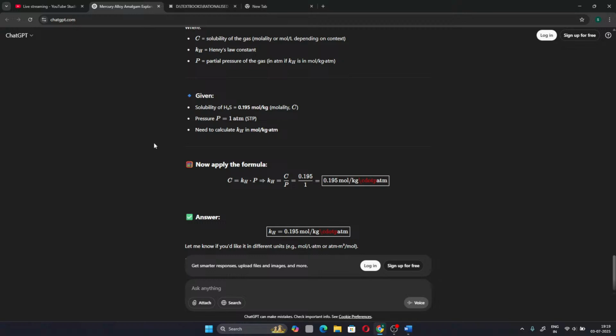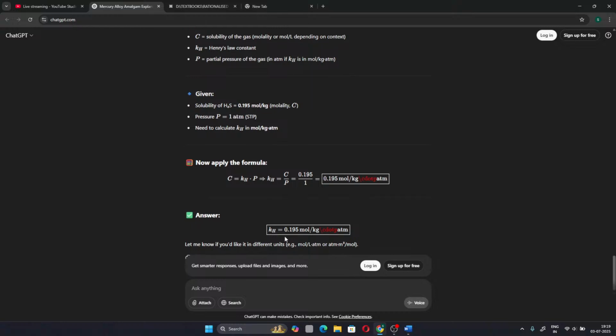This is indeed the pressure at 1 atm because it's STP, and when we substitute in the formula, you will get concentration by pressure, which is equal to the KH value. But I have a confusion.